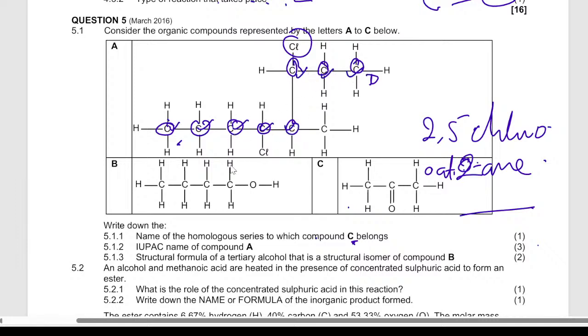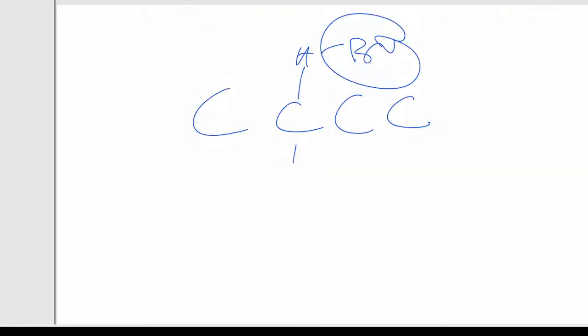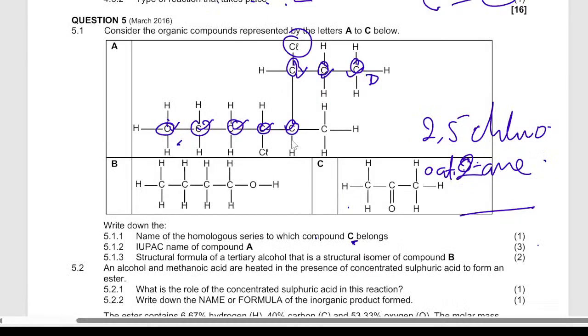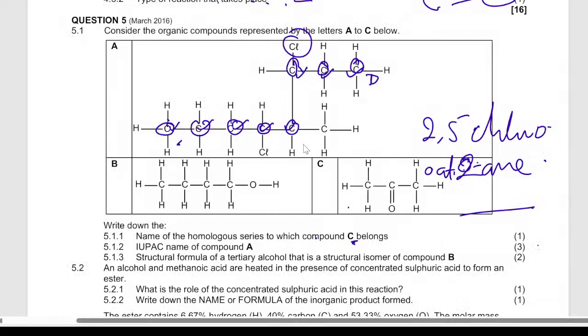So how do we name 8? 7 is hept. 8 is oct. Does it have any double bond anywhere? No. So it's octane. Okay.